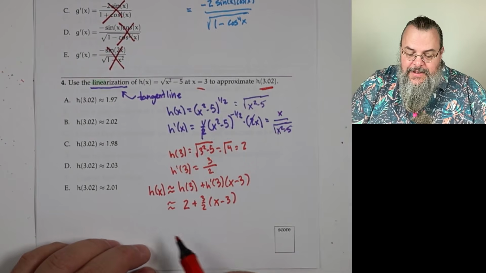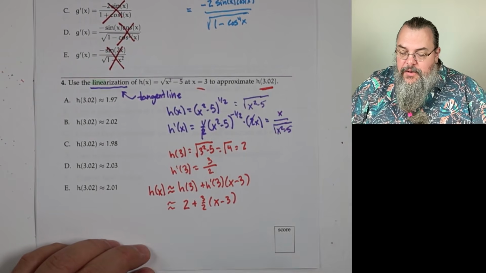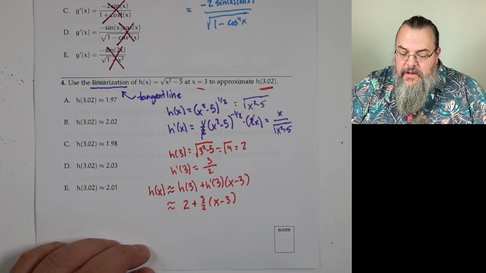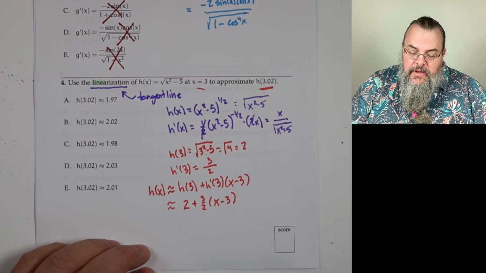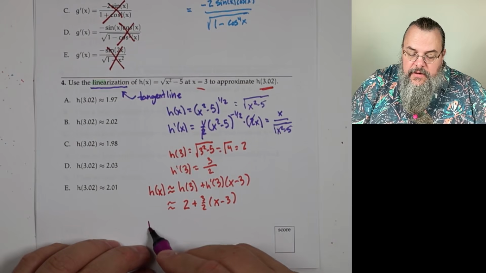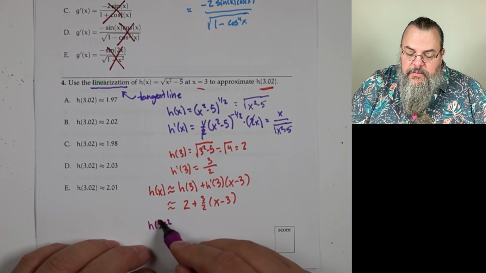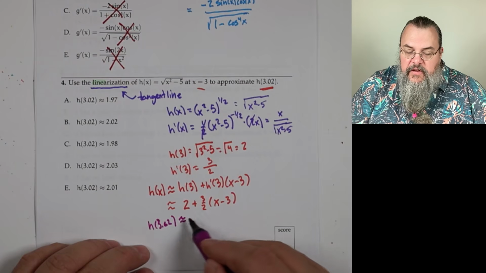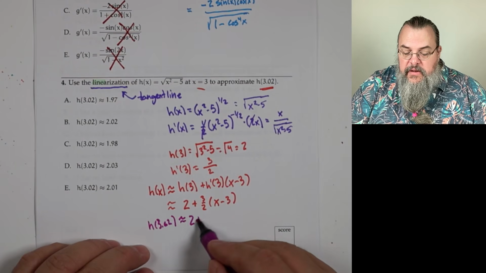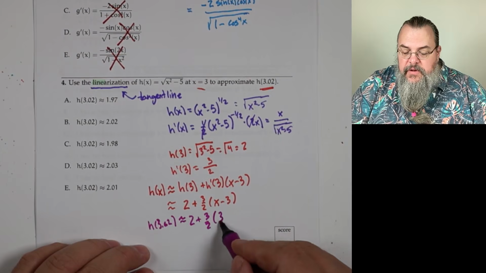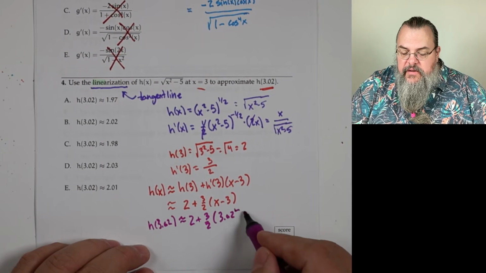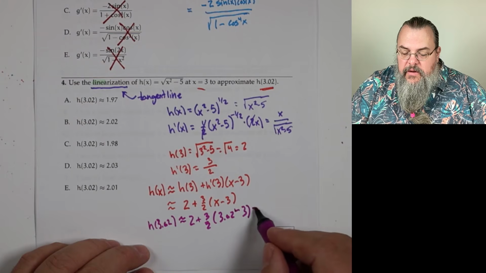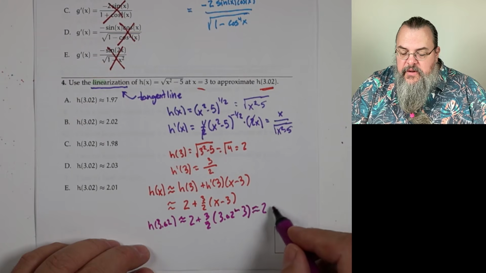Now, here we go. We plug in 3.02. And if we do that, what do we get? Well, we get that h of 3.02 is approximately 2 plus 3/2 times 3.02 minus 3. Well, okay, that's approximately 2 plus 3/2 times 0.02.